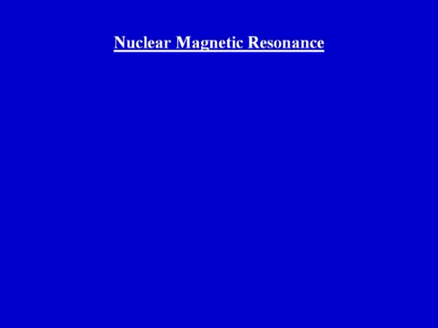In this lecture, we are going to discuss two of the most important and powerful techniques for determining the three-dimensional structure of molecules, large or small, organic molecules or macromolecules. These techniques are nuclear magnetic resonance spectroscopy and X-ray crystallography.